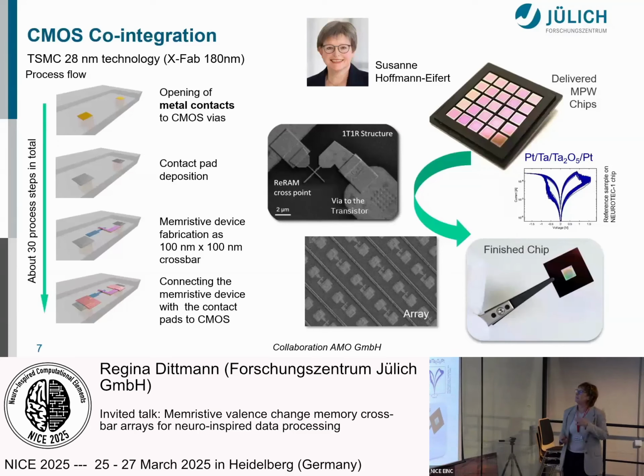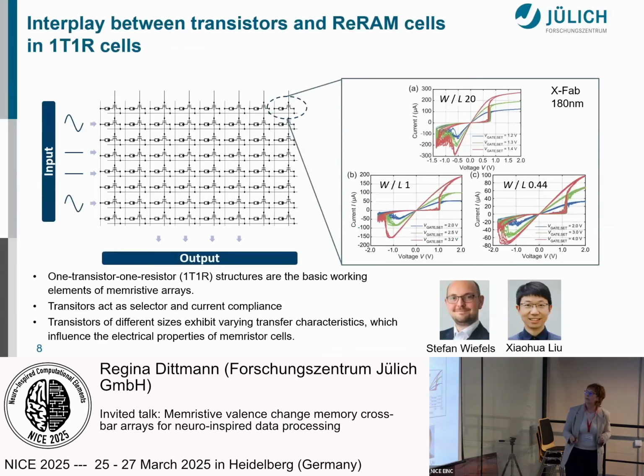Our main material route here for the TSMC chip is the tantalum oxide system. But some years ago, we already started to do the CMOS integration on the X-FAB technology in a 180 nanometer node. I will now mostly talk in the first part about our experience on this X-FAB chip.